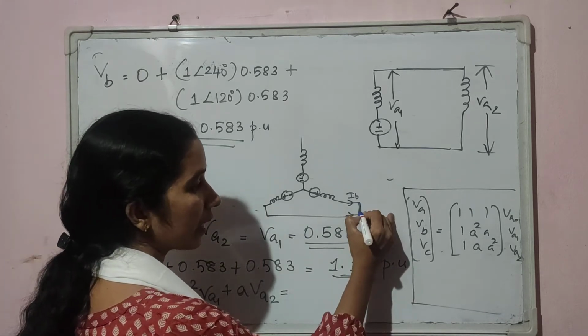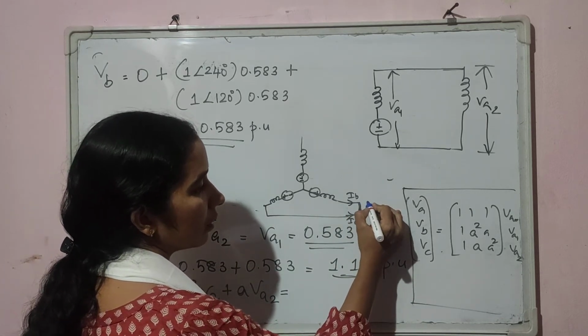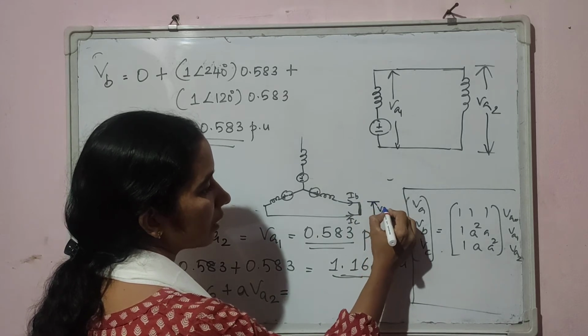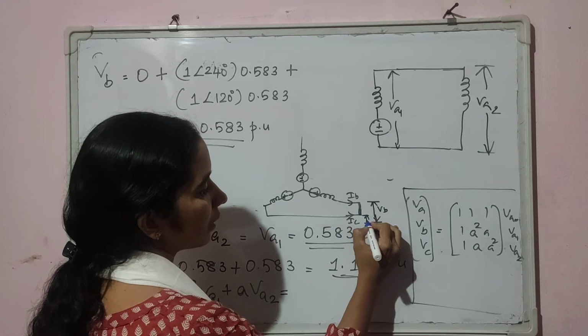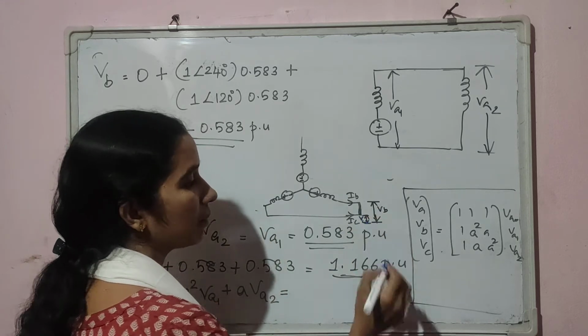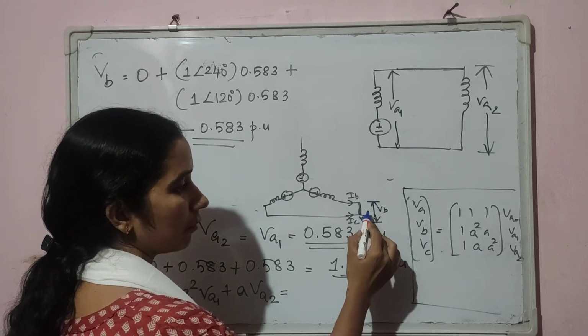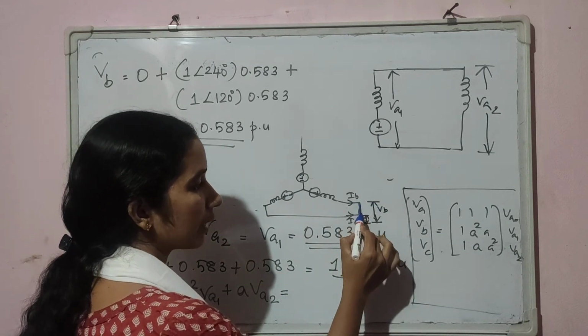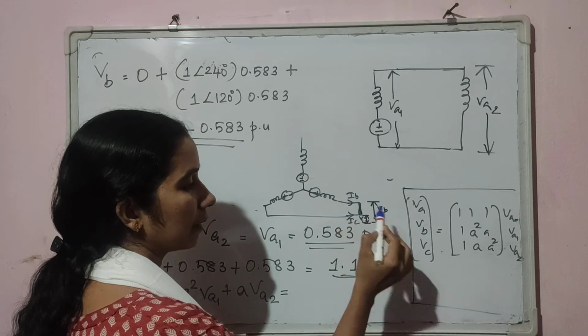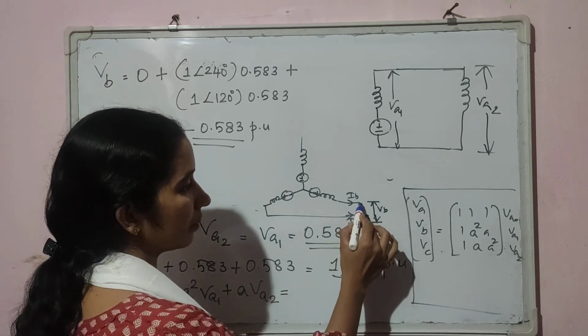So if there is a direct short circuit, VB is the voltage at this point, and VC is the voltage at this point. Now, what will be the value of VB minus VC? It is the voltage across this point.